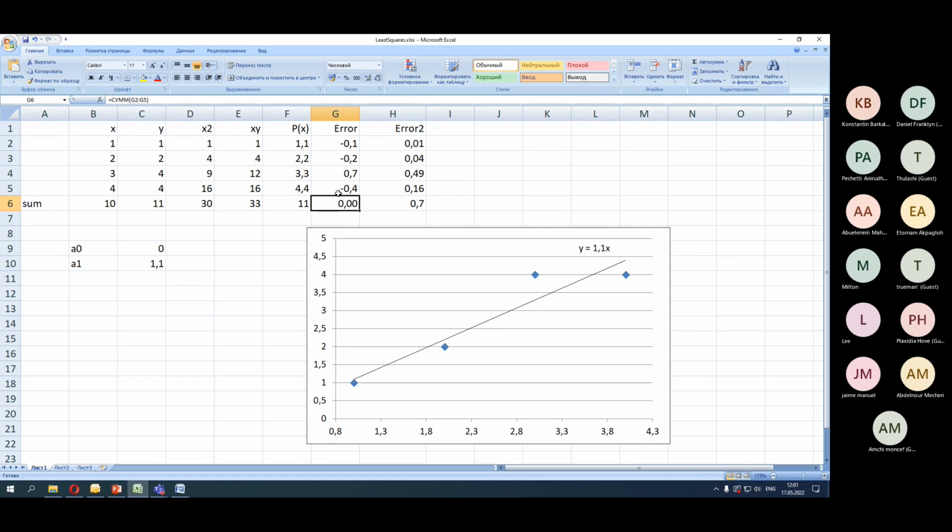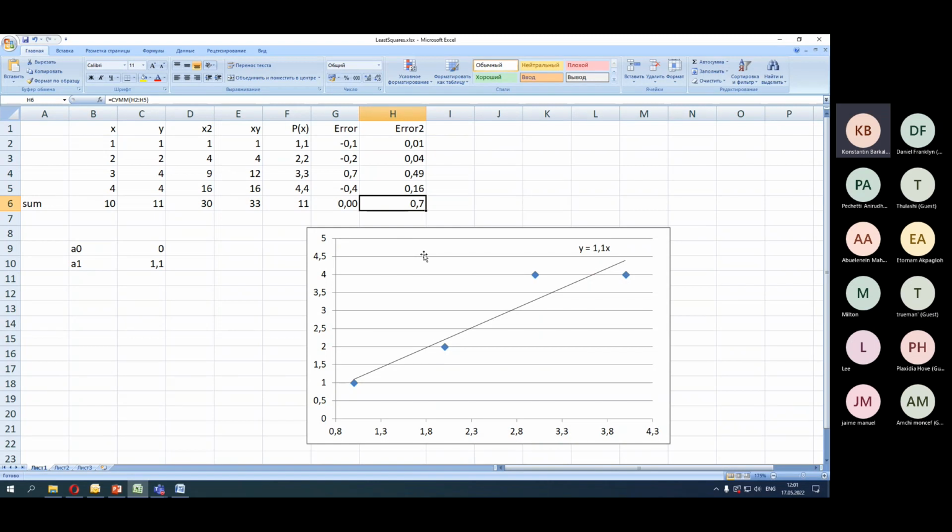Why? It's a property, a feature of the least squares method. Some errors are negative, some are positive, and the sum of the errors will be exactly 0.